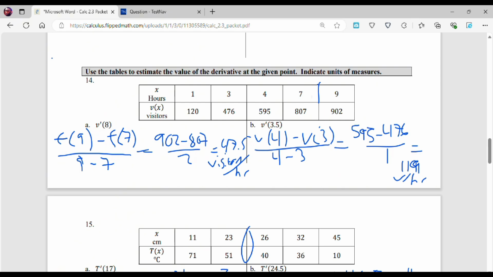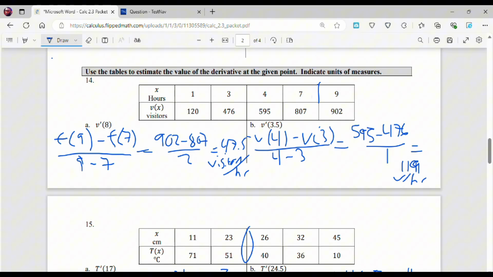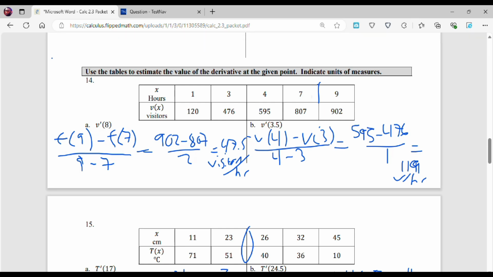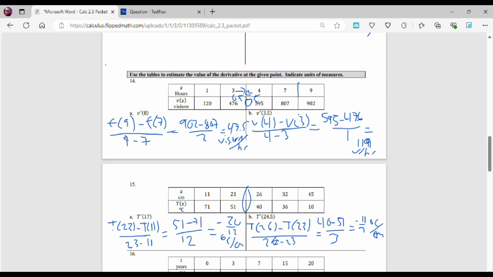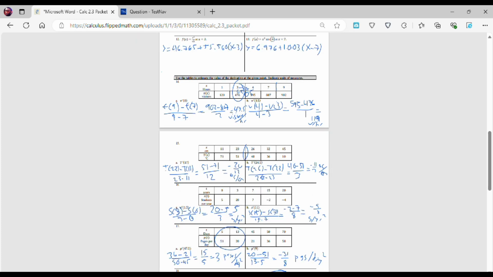V prime of 3.5. Well, you have 3 and 4, which is the same distance away from 3.5. So I go to the right 0.5, I get 3.5. I go to the left 0.5, I get 3.5. So 3.5 is right there. 3 and 4 are going to be your best.